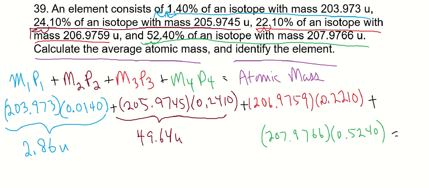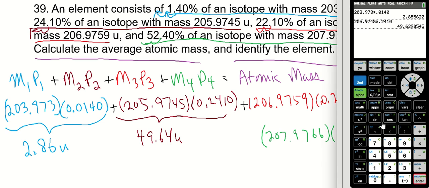Now let's go on to the third one. Don't clear your screen. 206.9759 times 0.2210, that's from the word problem. So that's 4 sig figs times, again, 7.